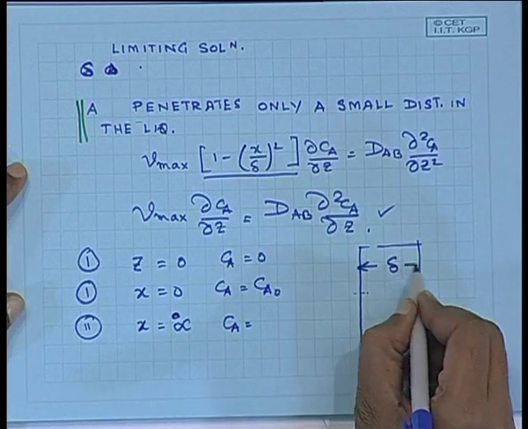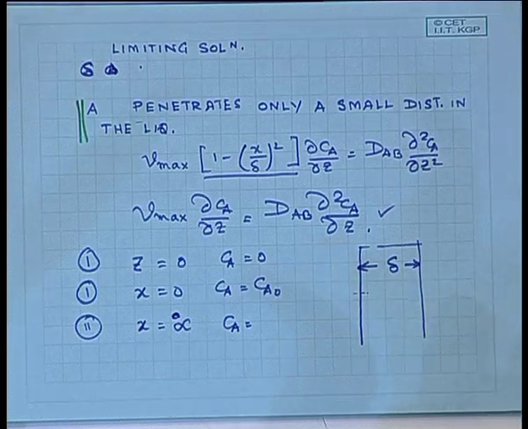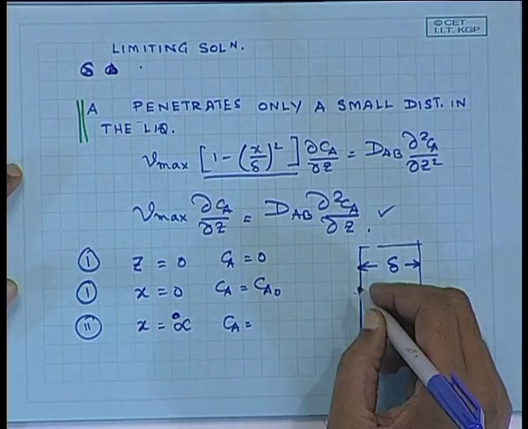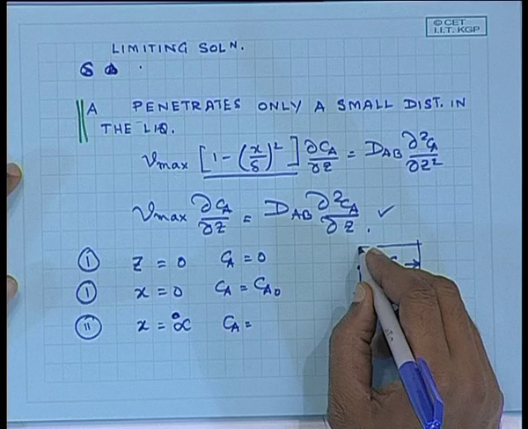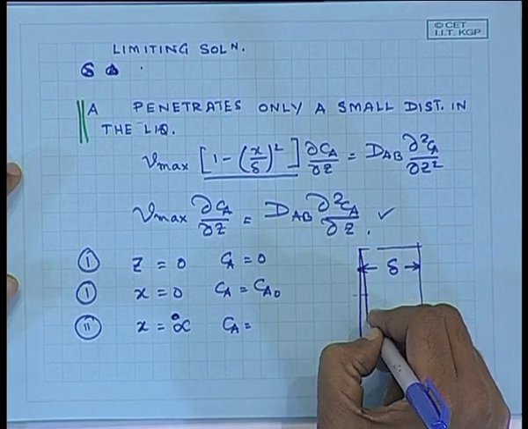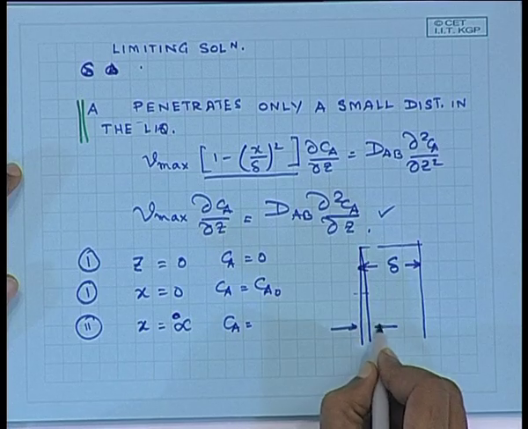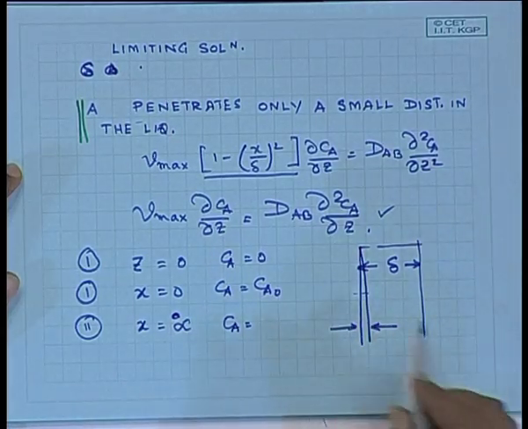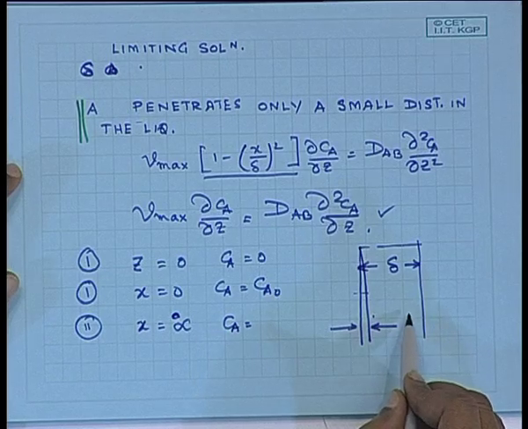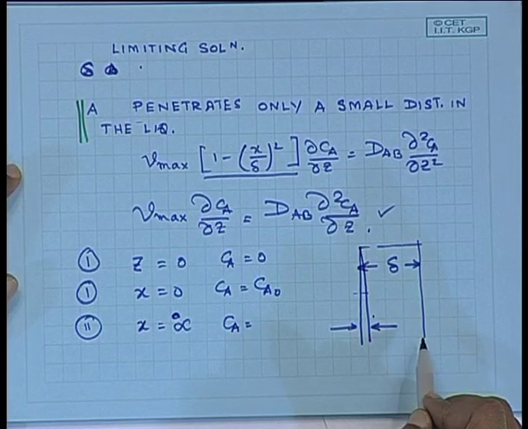This is delta, which is fixed. This could be a centimeter or so, but the diffusing gas molecules will form a boundary layer. What we are saying is that the thickness of the boundary layer is small. So any point outside the boundary layer, what is the concentration of A?